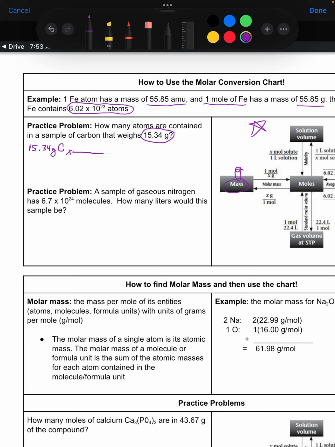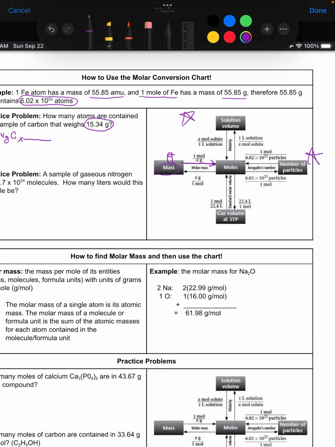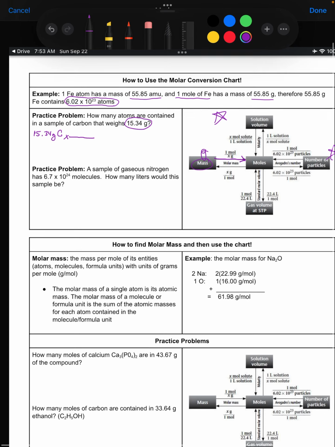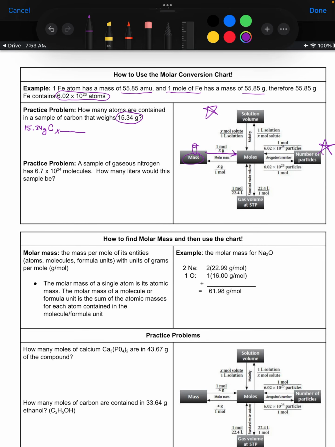I'm going to go towards moles because the way to get to atoms is on the other side over here. So I know that 1 mole of carbon on the periodic table weighs 12.01 grams. But I'm not done yet.